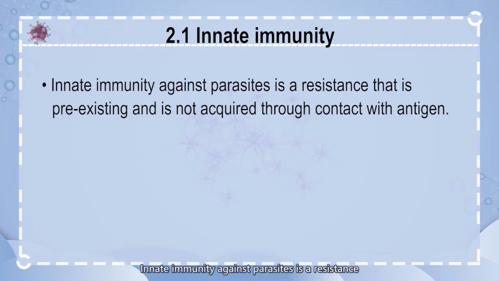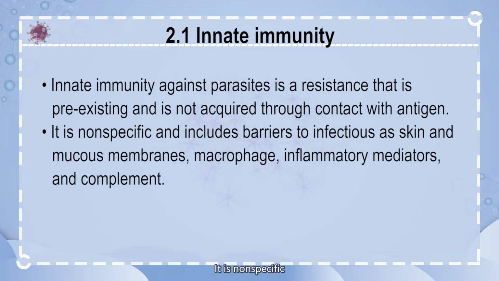The innate immunity against the parasites is a resistance that is pre-existing and is not acquired through contact with antigens. It is non-specific and includes barriers to infection such as skin and mucous membrane, macrophages, inflammatory mediators, and complement.